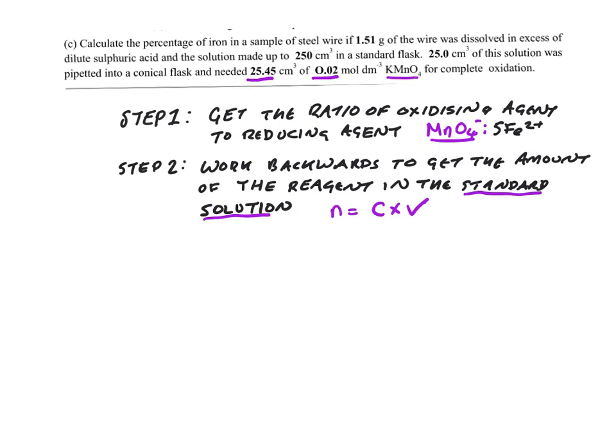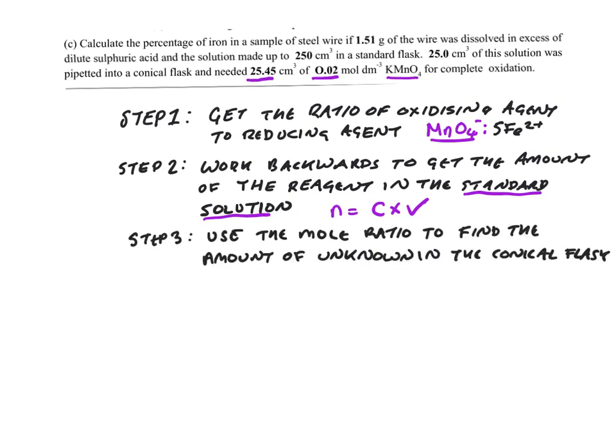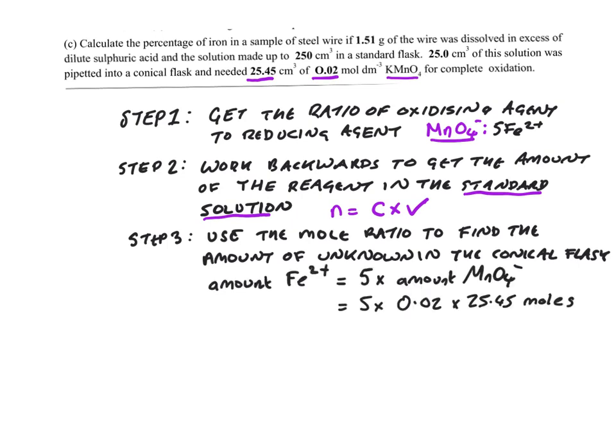So the next step is to use the mole ratio from our balanced equation, from the redox equation, to find the amount of the unknown in the conical flask. So the amount of iron is going to be 5 times the amount of manganate, and using concentration times volume of the manganate, there's our volume, and we need to convert that to decimetres cubed.